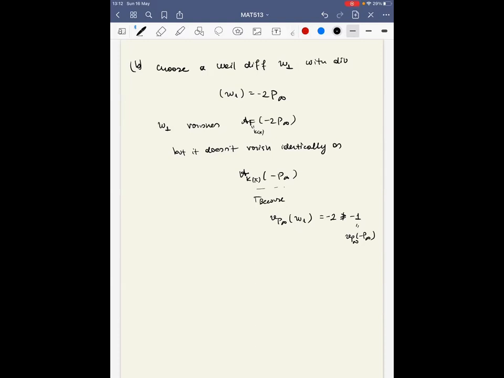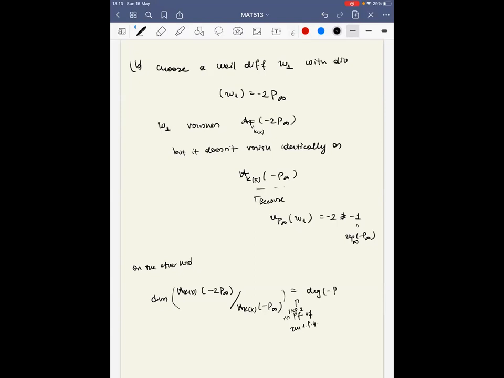And on the other hand, if we look at the dimension of the space of 2 P infinity over the space of the divisor P infinity, by the first step of the proof of theorem 1.5.4, we know that this quotient space has dimension equal to the degree of P infinity.